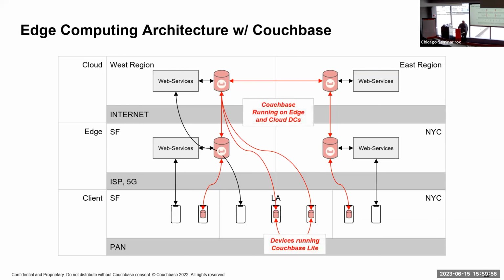So Couchbase is that database. We fit into the edge architecture from end to end. So for the backend database, you can deploy Couchbase in the cloud and at the edge. And for on-device data processing, you embed Couchbase Lite, which is our embeddable version of Couchbase, into the apps that run on the device.